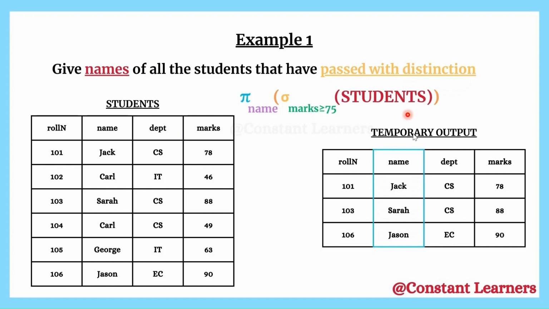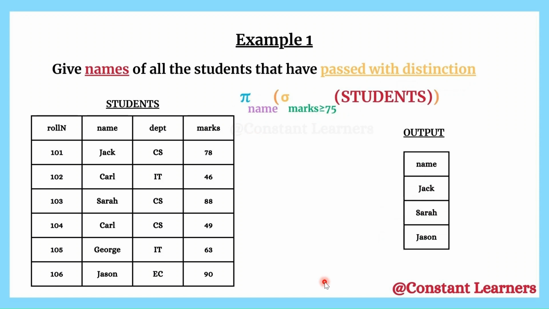Only then we get the name column with conditioned entries. So first we take the select operation. The select operation gives us the conditioned output, and then we use the project operation to get the column that we desire. Alright, so the output will be the name column with only the names of students who have passed with distinction.